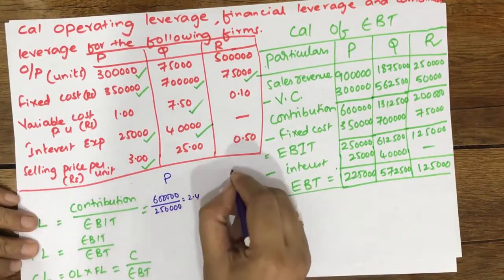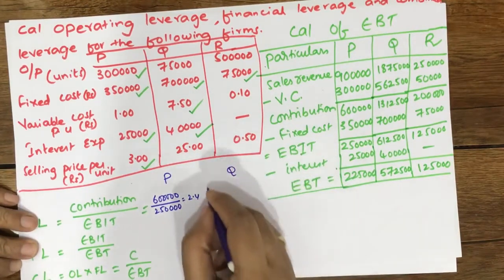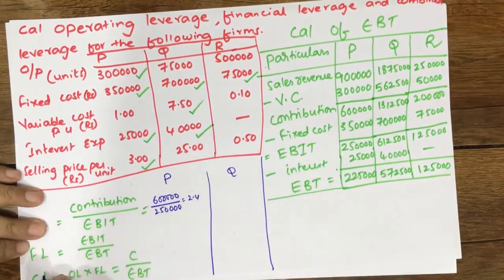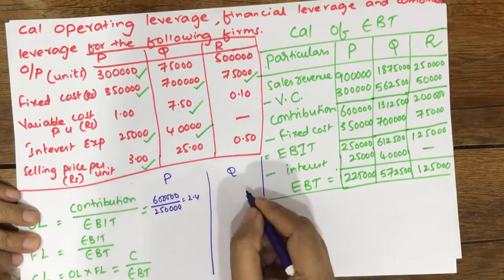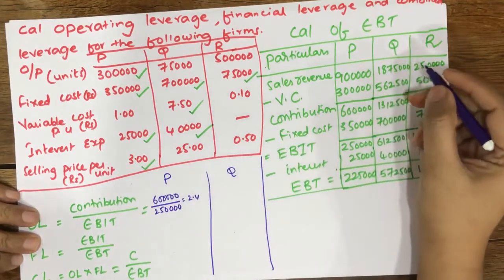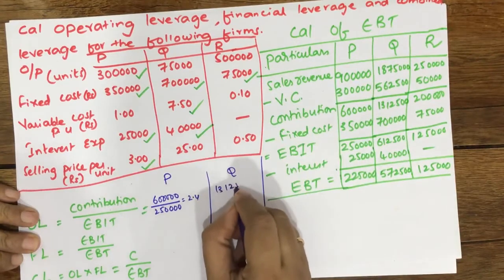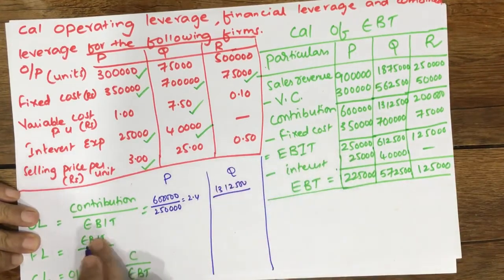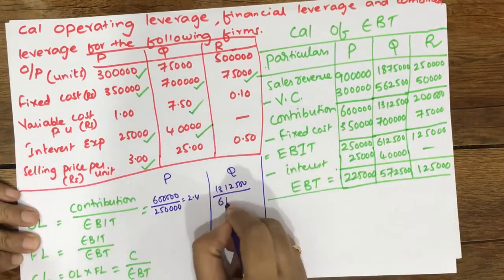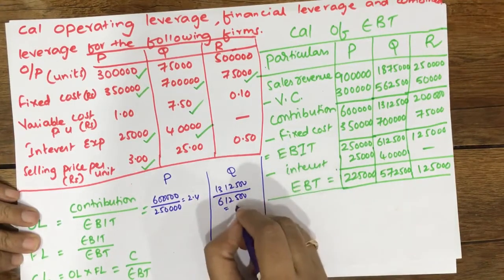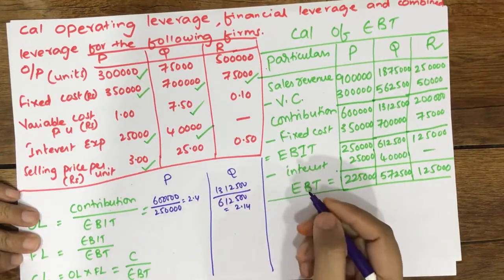In the same manner, for firm Q, contribution is 13,12,500 divided by EBIT 6,12,500, which is equal to 2.14.